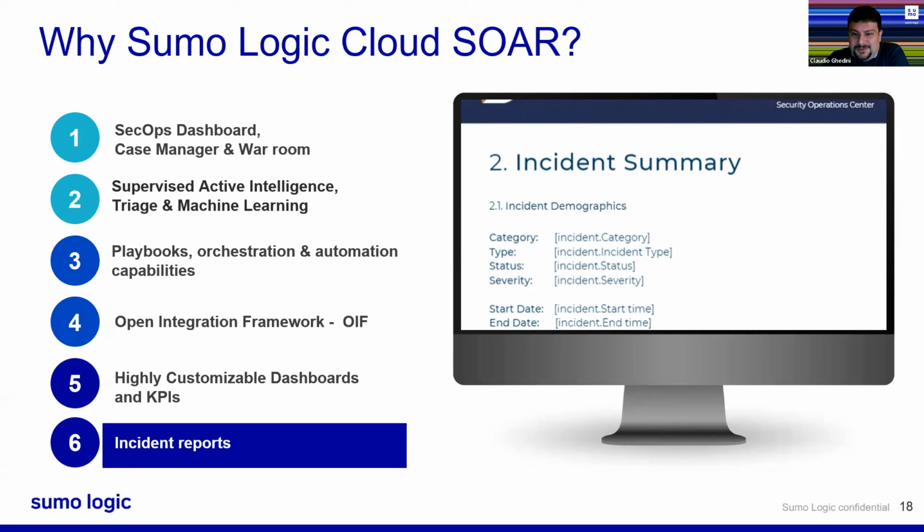Then, using the data inside the square brackets, those fields will be recognized by Cloud SOAR and populated at runtime with the data from the incident that you are reporting. So the reporting functionality is completely customizable too.